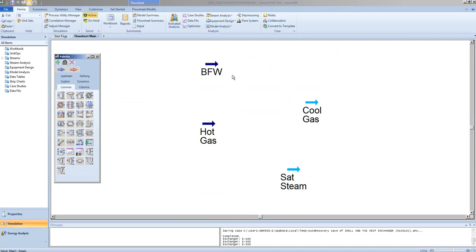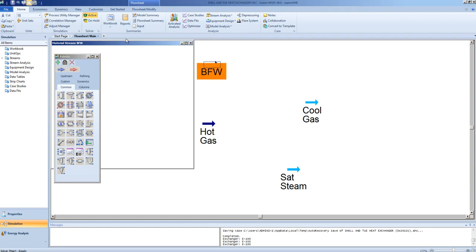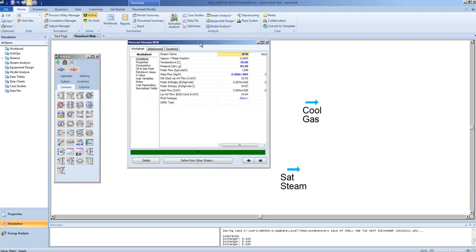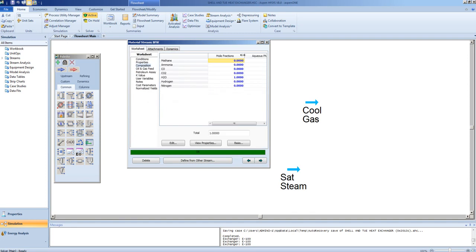We will set up 4 streams. 2 of the streams have information provided and are fully defined. 2 of the streams have no information provided whatsoever. These are the conditions for the boiler feed water stream and the composition.